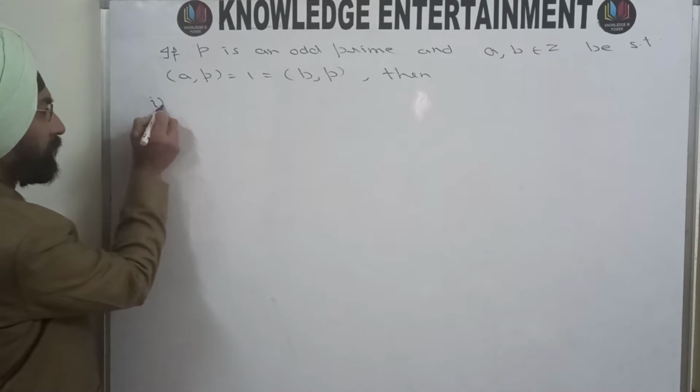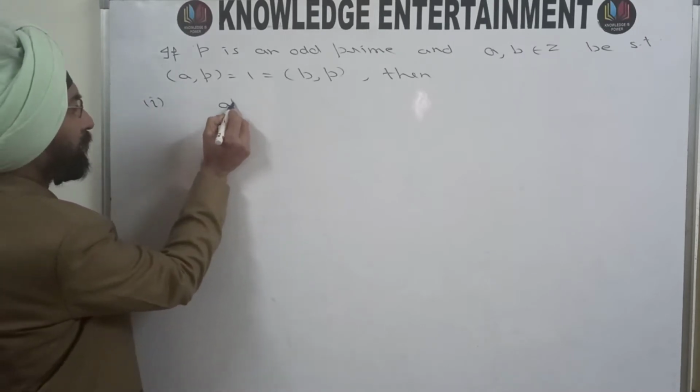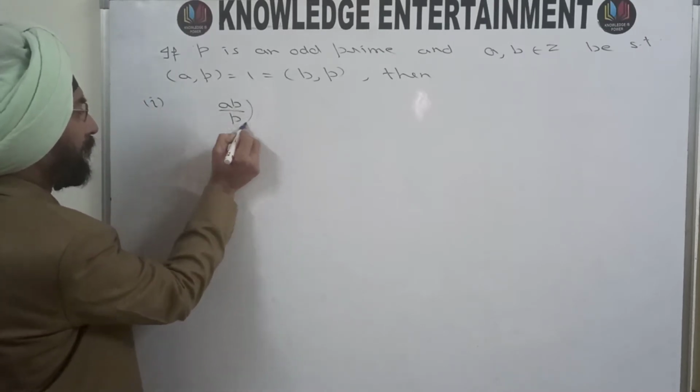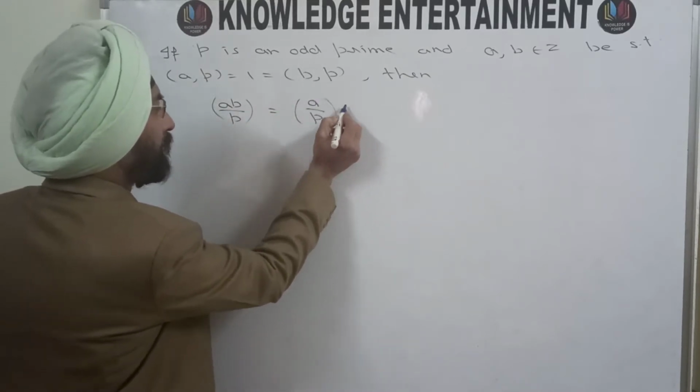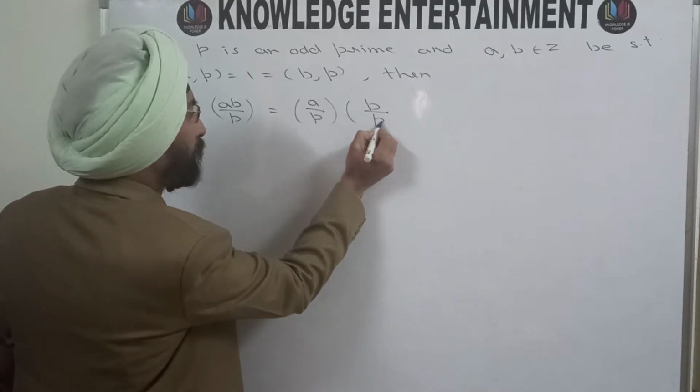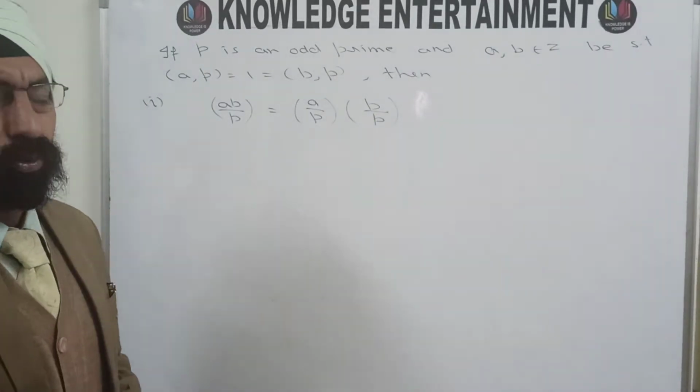Number one, Legendre symbol AB upon P is equal to Legendre symbol A by P into Legendre symbol B by P. This is the first result we will prove.